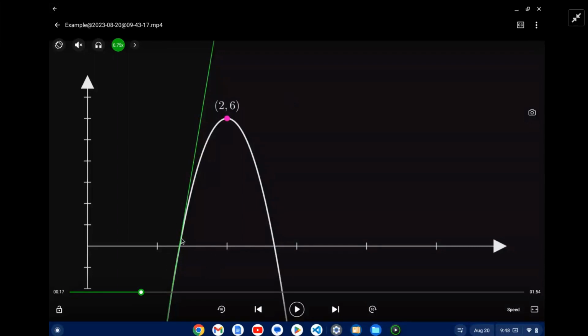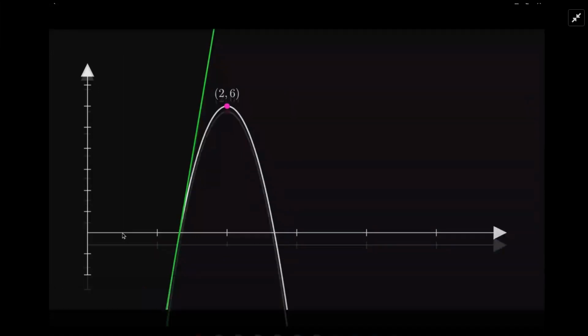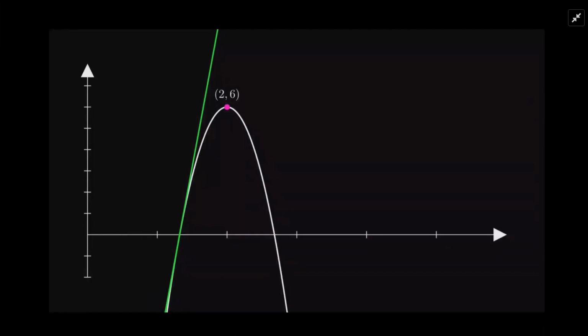So as we move along the x-axis, you'll see that the gradient of this tangent line shifts. See, the gradient is changing there.